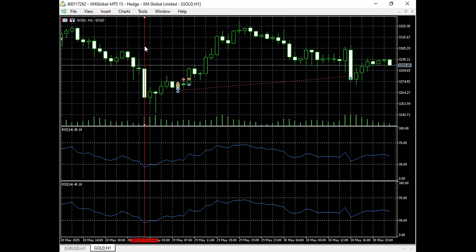If this third candle closes below that candle, then immediately it closes, on the next candle, do a buy.